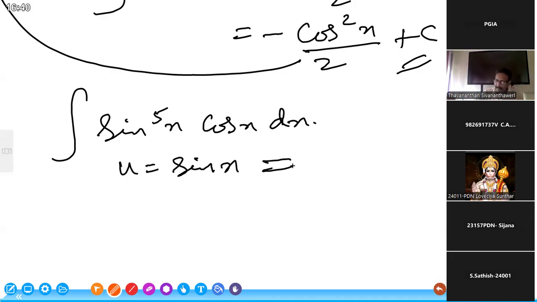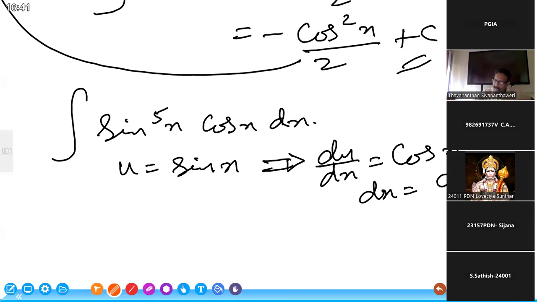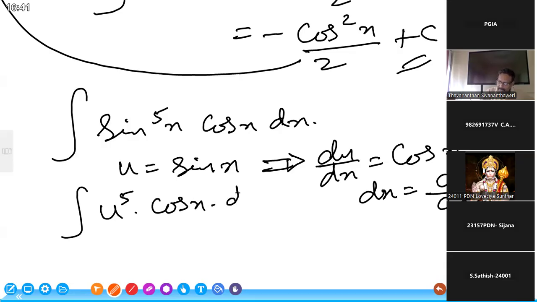From that, du by dx is equal to cos x, so dx is equal to du by cos x. So you can write integral of u to the power 5 into cos x into dx.